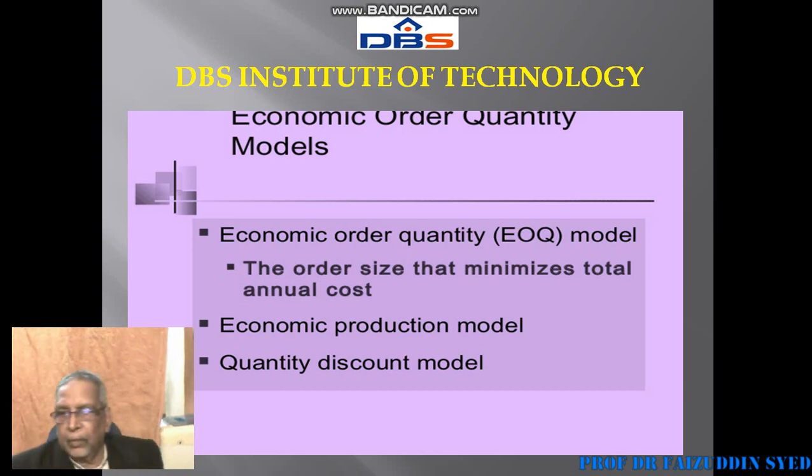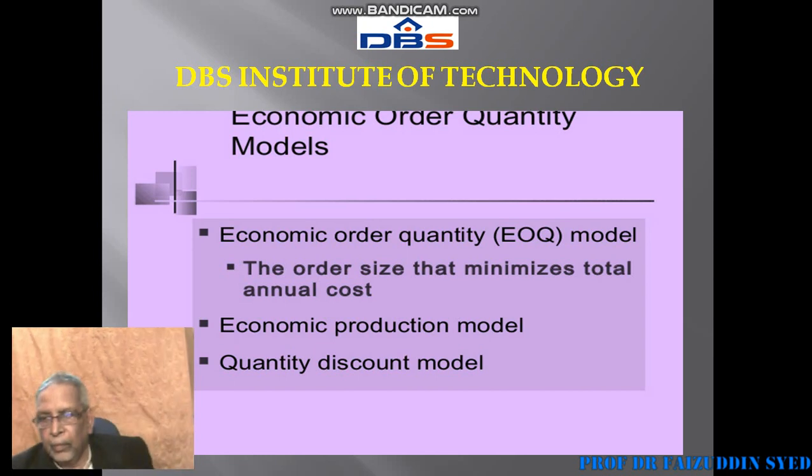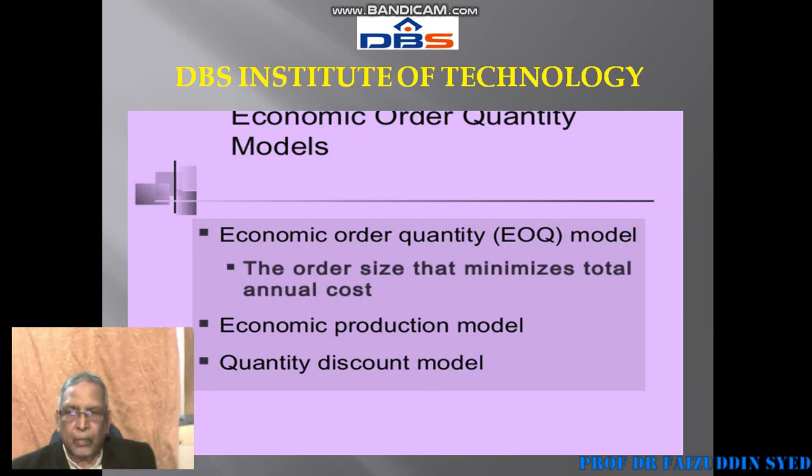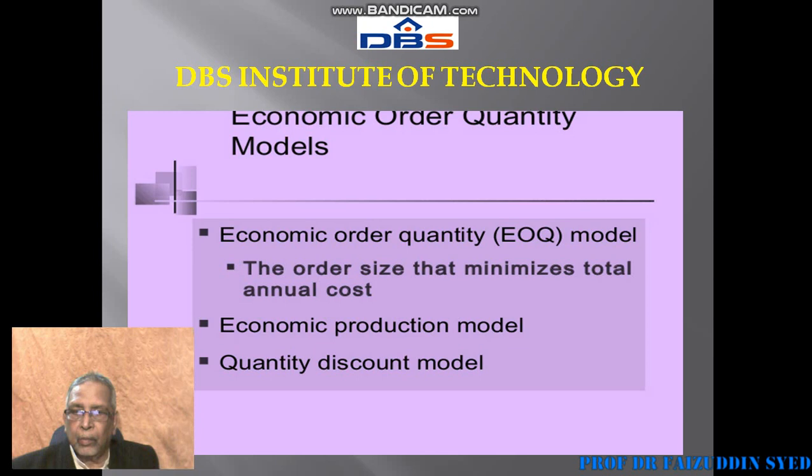It doesn't mean that we will keep a lot of excessive stock. We lose our money in the excessive stock. So this economic order quantity model will minimize the total annual cost.